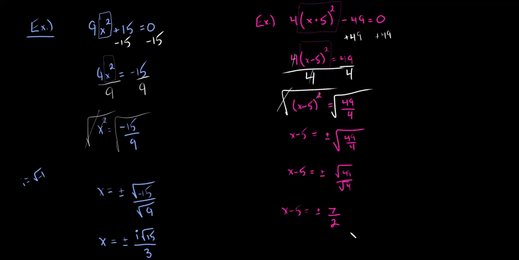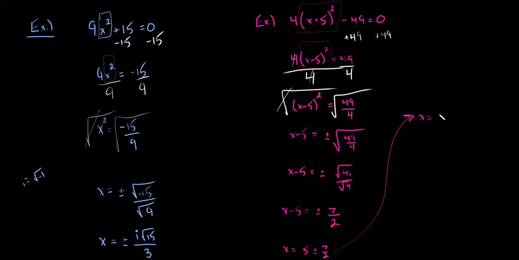And the only difference with this problem is that we have one extra step. x is still not solved for, so now all I have to do is add 5 to each side. So I get 5 plus or minus 7 halves. And we don't want to leave it as our final answer that way, so we can go ahead and find out what that is.